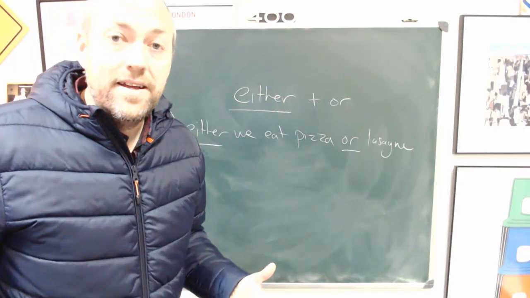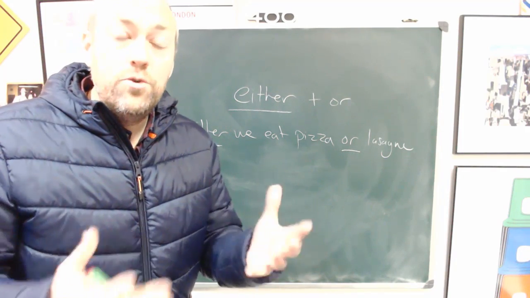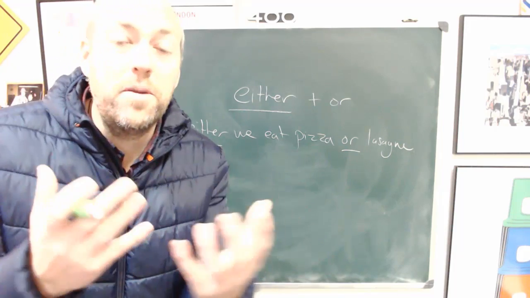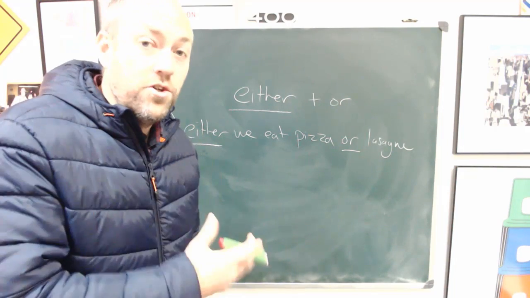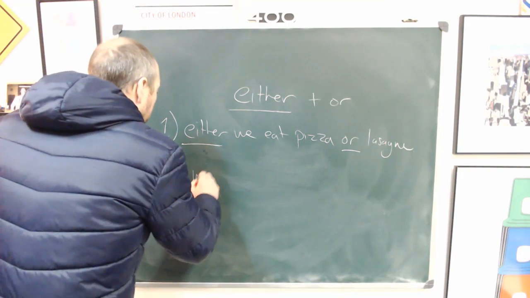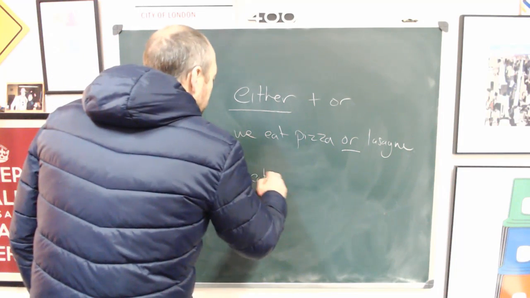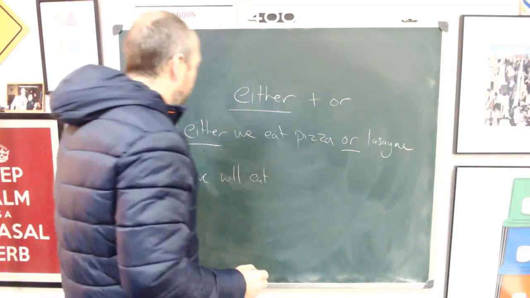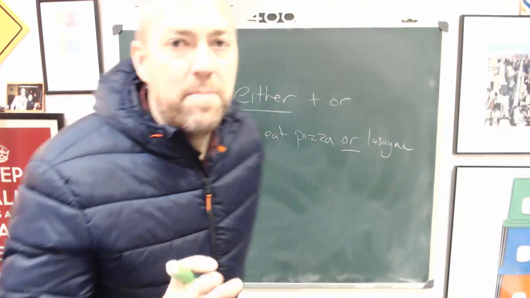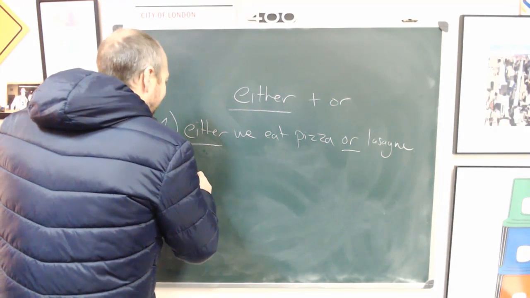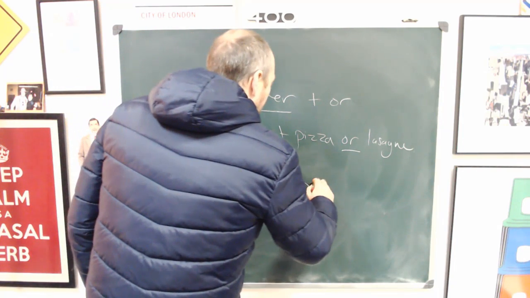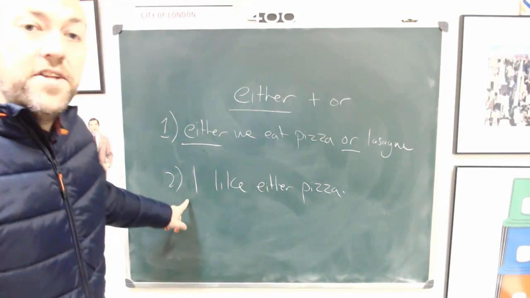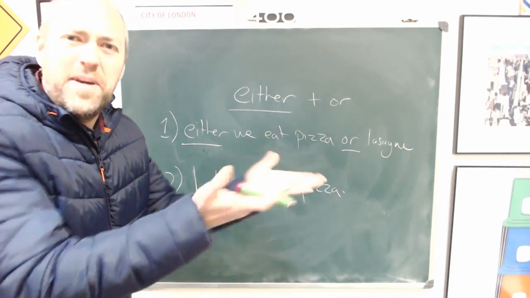The second meaning is just to talk about two possibilities, and it's not necessary to use or. So, for example, I like either pizza.